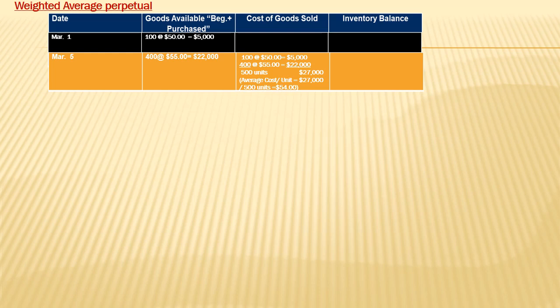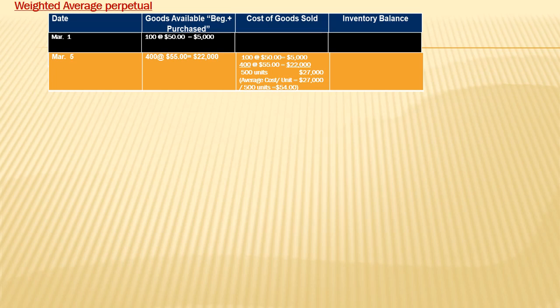When solving using the weighted average method, I stop before the day of the sale and calculate the average cost per unit. Since the sale transaction happened on March 9th, I stop at March 5th, the previous day, in order to calculate the average cost per unit.